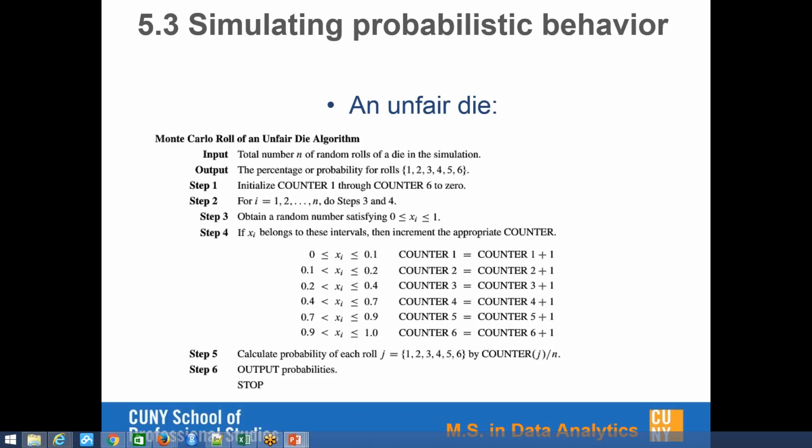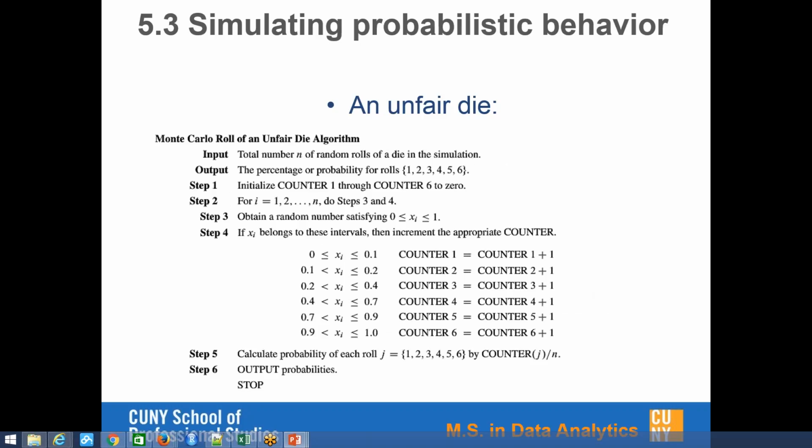And then what if it's an unfair die? We know, for example, in this case, counter 3 has a range between 0.2 and 0.4, which is a 0.2 difference. And counter 4 is actually between 0.4 and 0.7, which is a 0.3 difference.